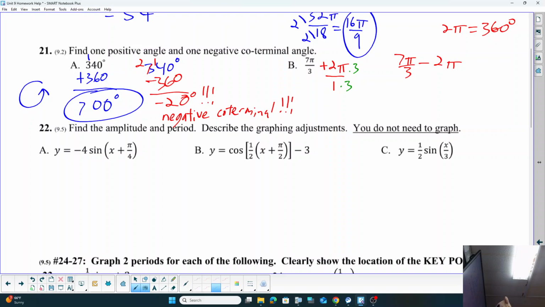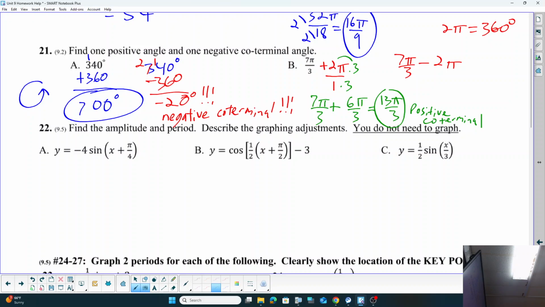So it's 7 pi over 3 plus 3 times 2 is 6 pi over 3. So 2 pi is the same as 6 pi over 3. We add those together, 7 plus 6 is 13 pi over 3. And that's our positive coterminal angle.